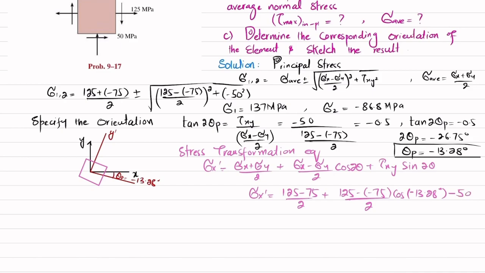So 50 into sine of minus 13.28 degree. So when you calculate it, you will get sigma x dash is equal to 137 megapascal.